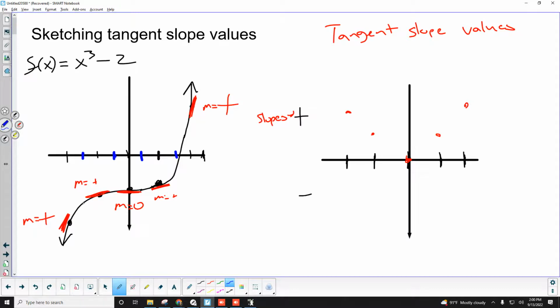Imagine there was a point here, a point here, a point here, and a point here. Does it fit? Yeah, this one is a little bit less than this one, but more than this one. This one is a little bit less than this one, but more than 0.